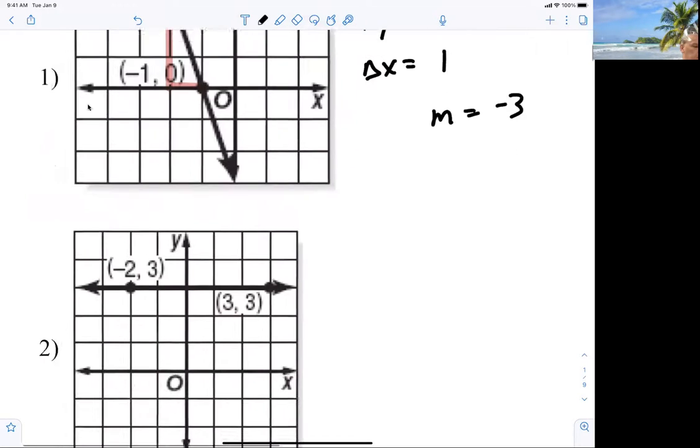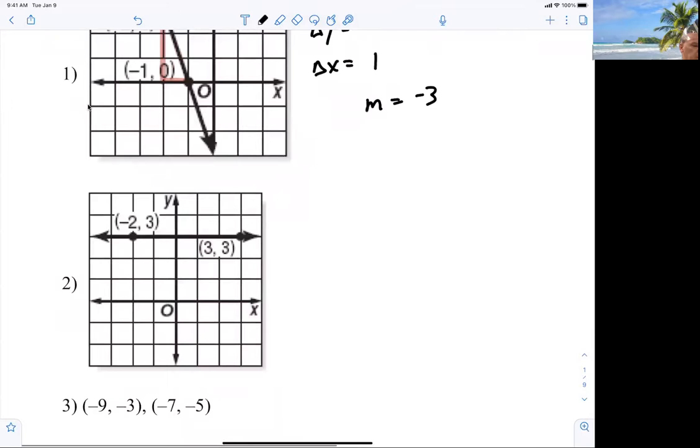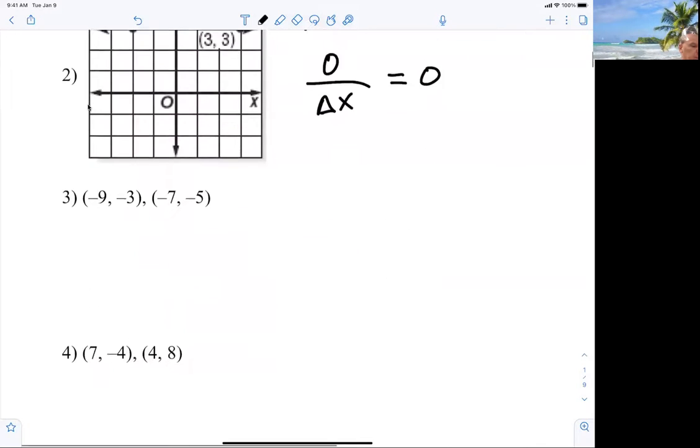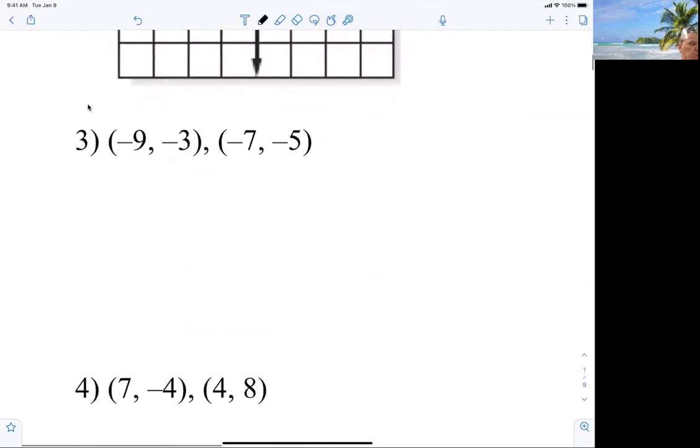Number 2, I really shouldn't have to go over, but what's the slope of the horizontal line? 0, right? And remember, the reason why is, are you going up or down? No, so that's 0 over anything, which is 0. Now here they're just giving you the points. I'm expecting everybody to be able to do this mentally.